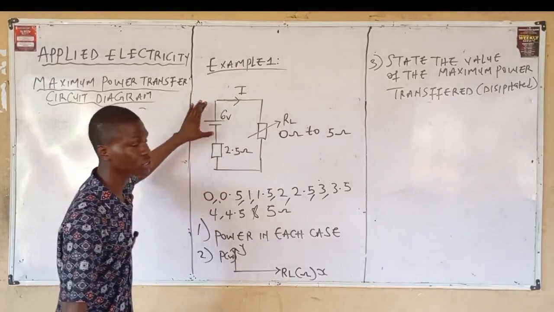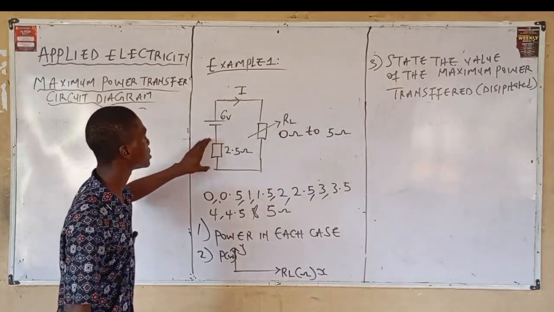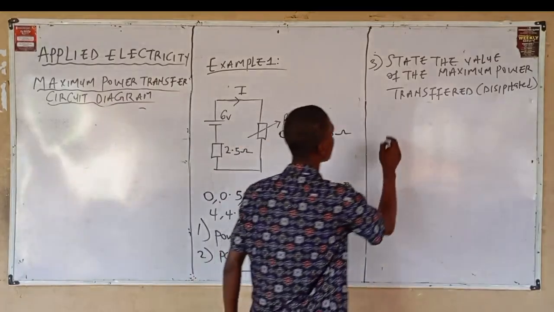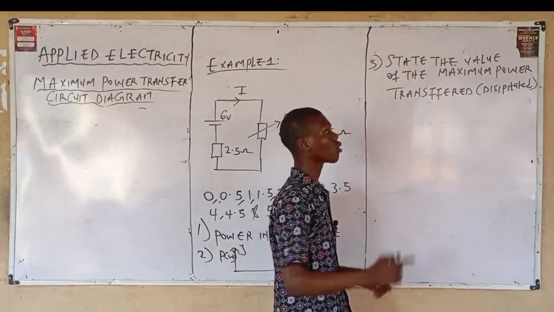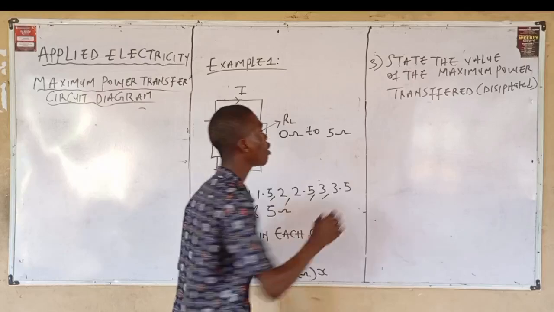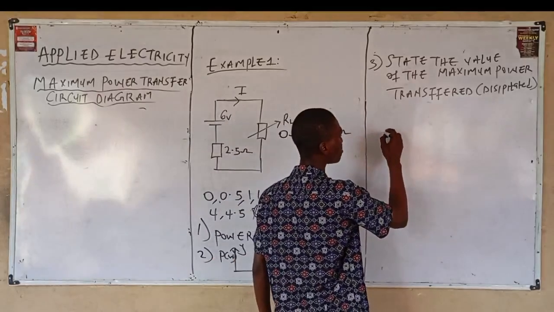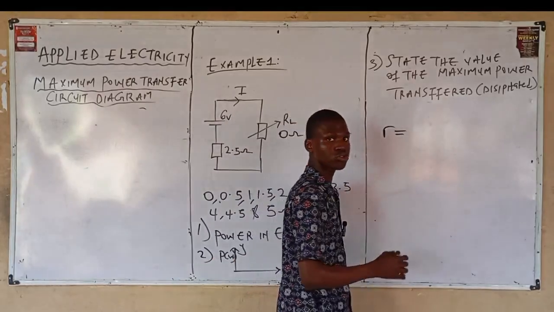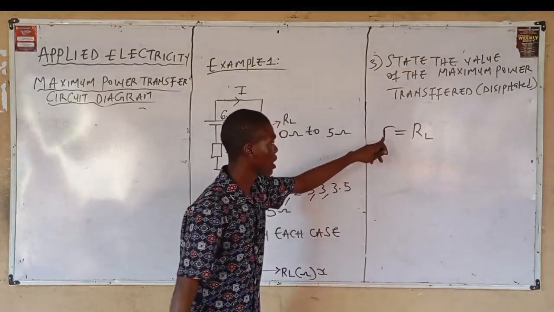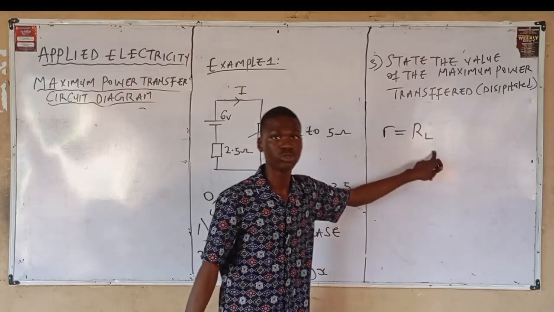This is the cell of this source and this is the internal resistance. And from the theorem, maximum power of any given source will occur when the internal resistance is equal to the load resistance.